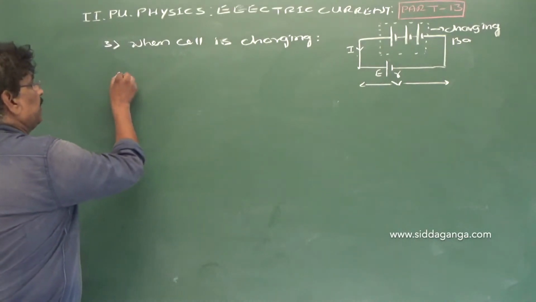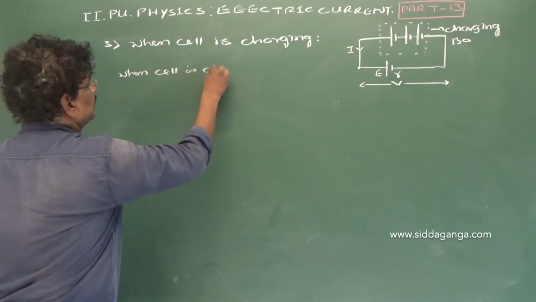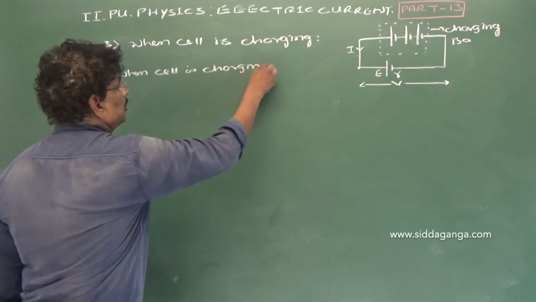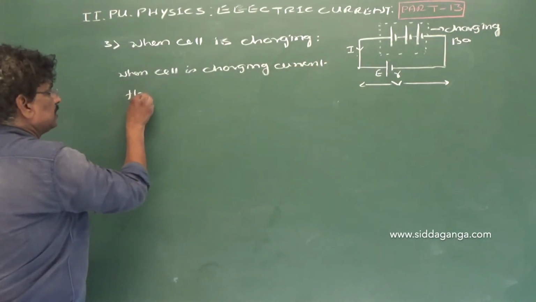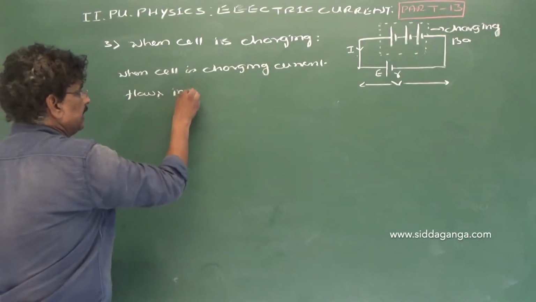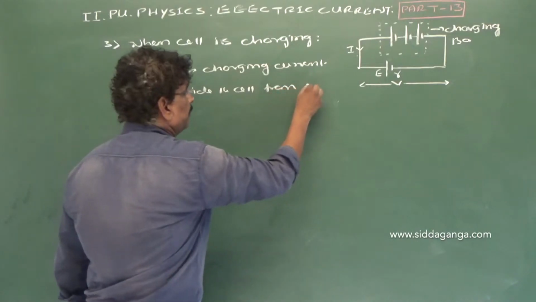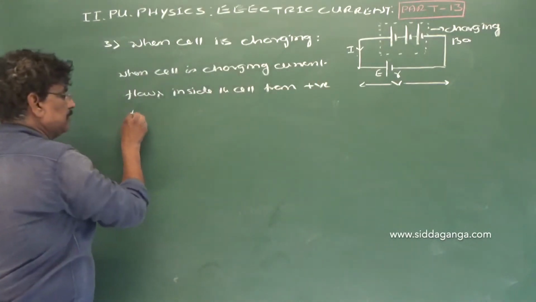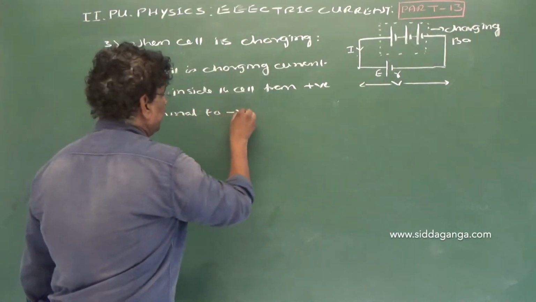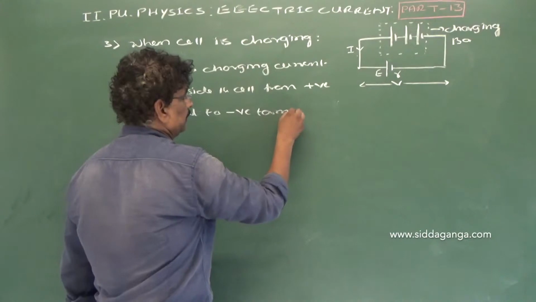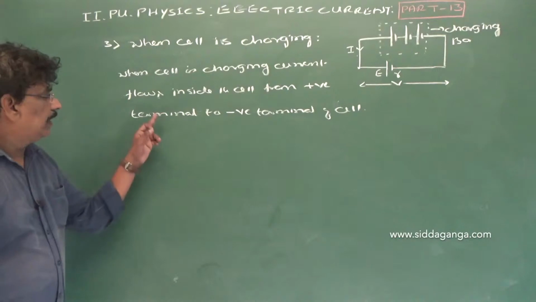Now here, when the cell is charging, the current flows inside the cell from the positive terminal to the negative terminal of the cell, right?